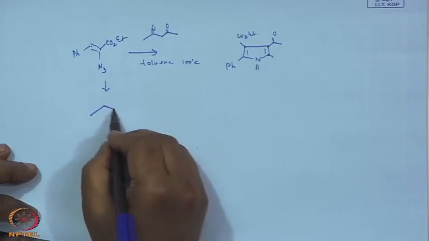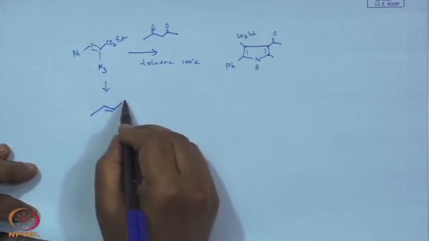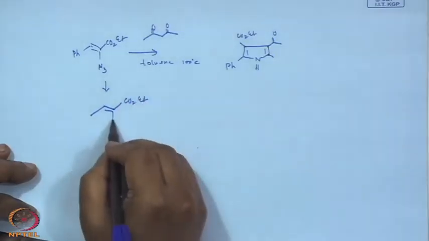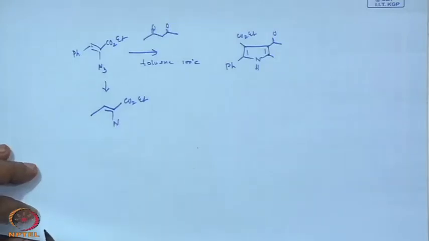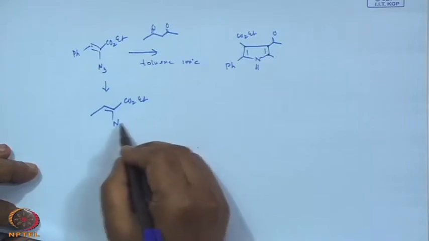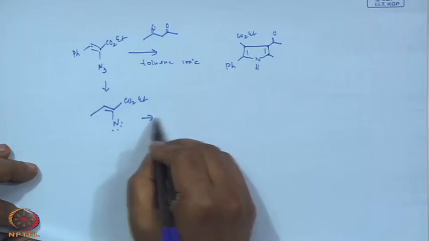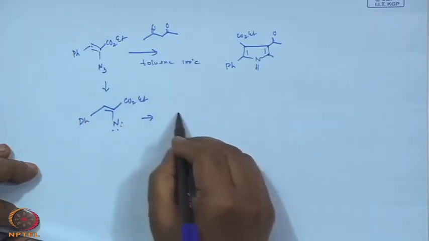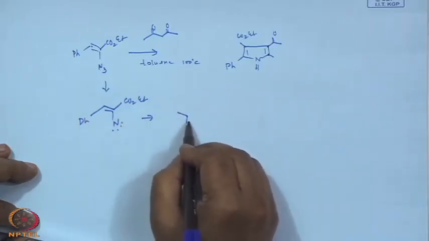What is the answer? The azide here produces nitrene. So, what next? If nitrene is produced, it forms, with the phenyl, a nitrogen double bond.